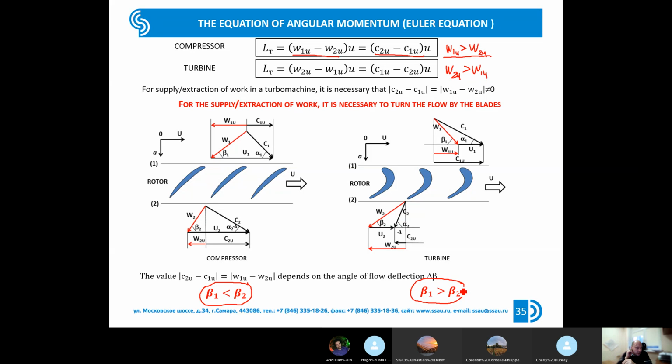And we investigated the velocity triangles at the inlet and at the outlet of the blade row of the compressor and the turbine, and we found what the relationship between the inlet and outlet angles must be for the compressor, like here, and for the turbine, like here.